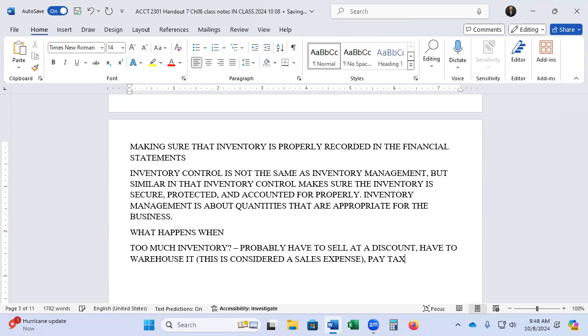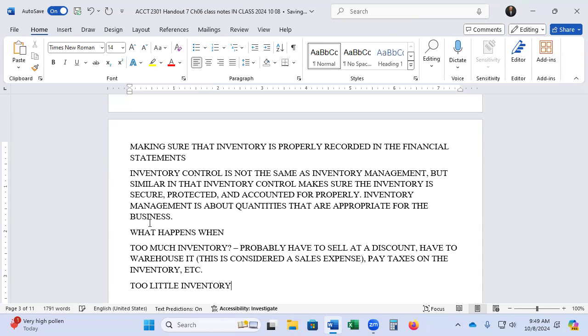You have to pay taxes on the inventory. And there's probably more, but I can't think of anything else off the top of my head.